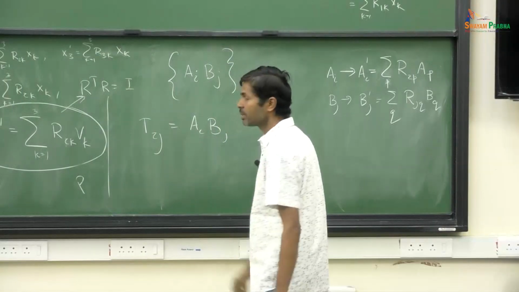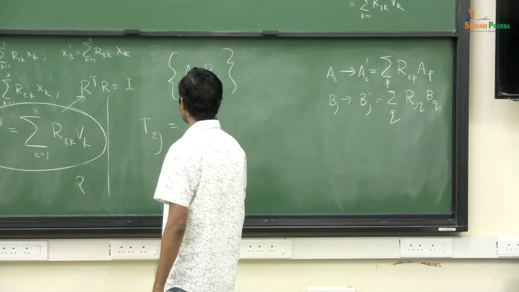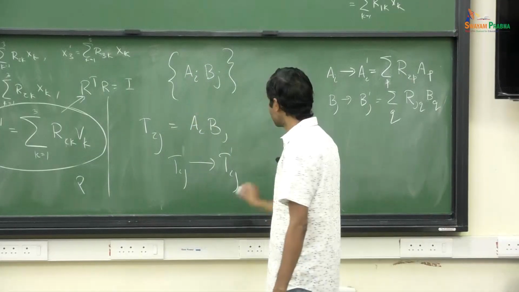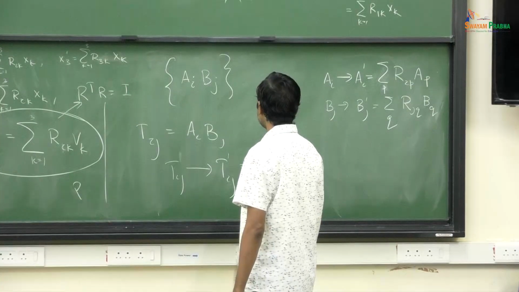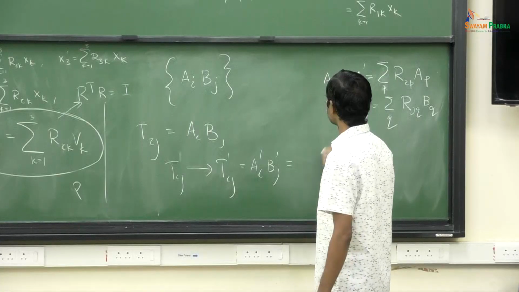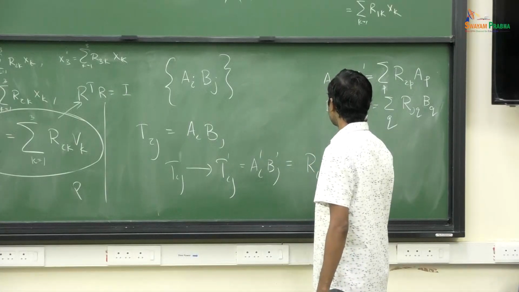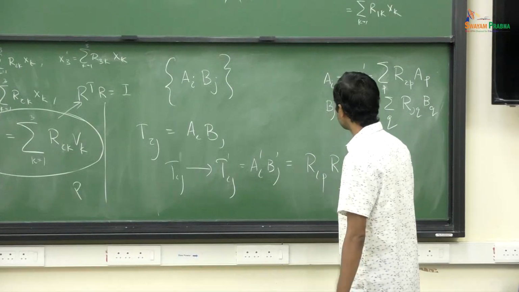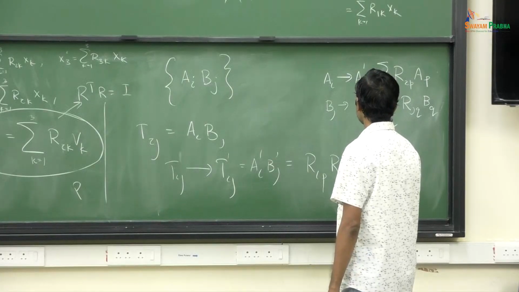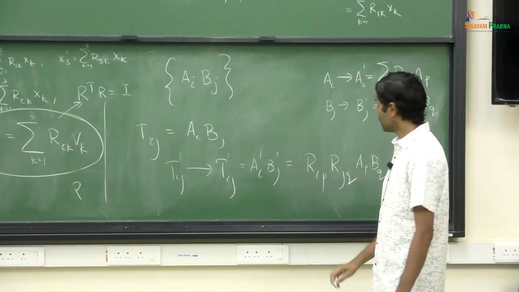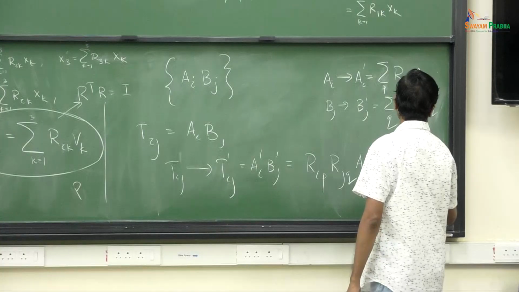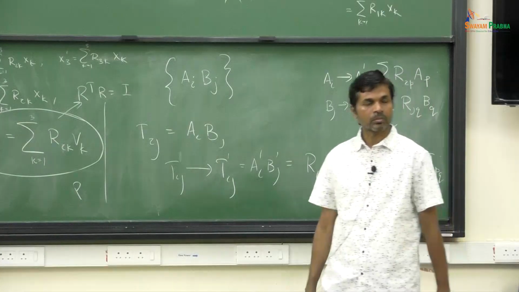How do they transform? Tij goes to T prime ij, which is Ai prime Bj prime, and this quantity is Rip Rjq Ap Bq, which is Rip Rjq Tpq. Okay.